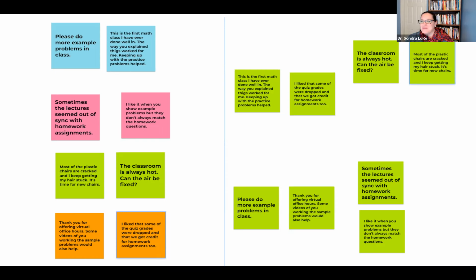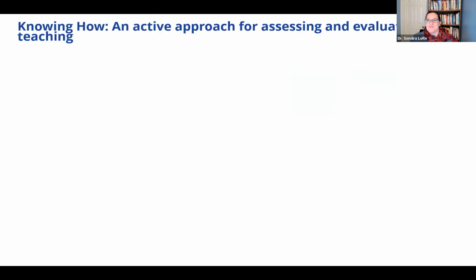Both of them also had things about the class environment that they may or may not be able to change, but was important for them to take note of. So we talked about what we would do with this open-ended data in the future, now that we've become comfortable with practicing that.